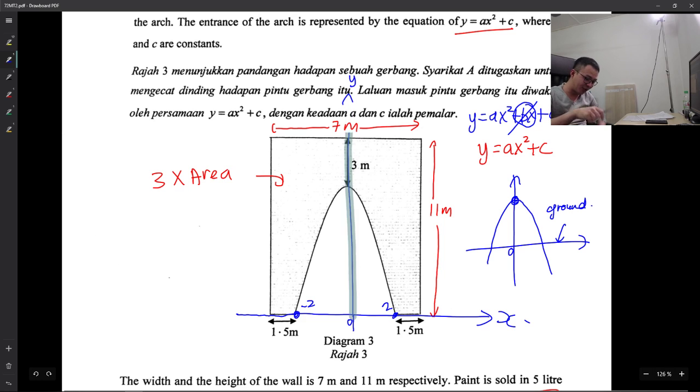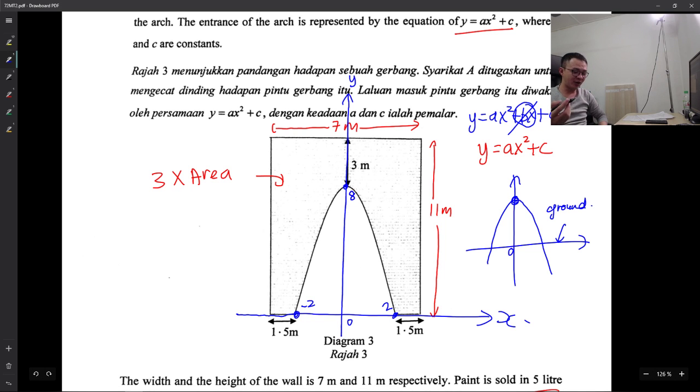It must be symmetrical, even though my y-axis is not perfect. Let me just draw it nicely a bit, because it should look very symmetrical. Just assume it is perfect. The next thing is the coordinate here will be 8, because the total will be 11.